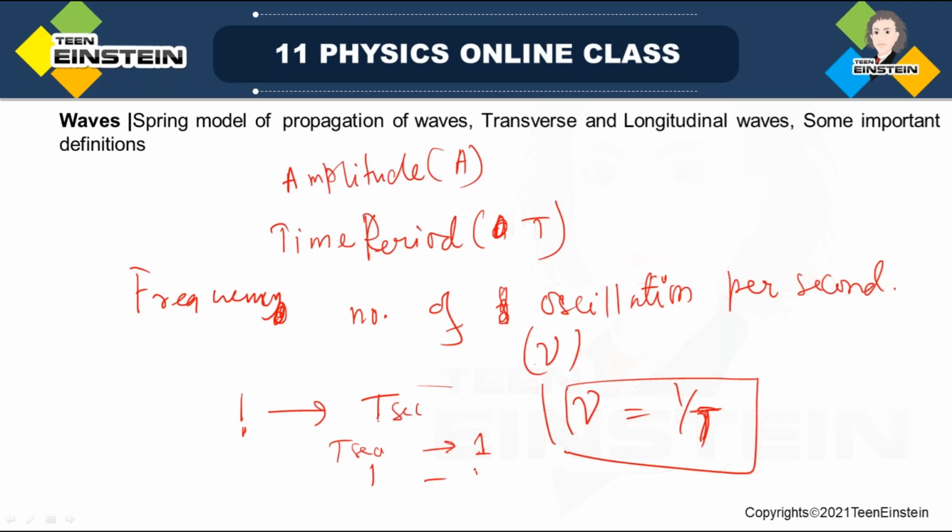So in 1 second it is 1 over T, and this 1 over T is equal to nu. Okay, it has unit hertz. Time period has unit second, and amplitude has a dimension of length, so it has unit centimeter or meter.